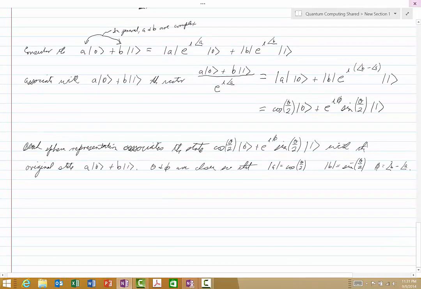Now, I don't want to do too many examples of this, but I do want to do just a few, and then we'll get to problems. Okay, so examples. Let's maybe take the 0 ket.